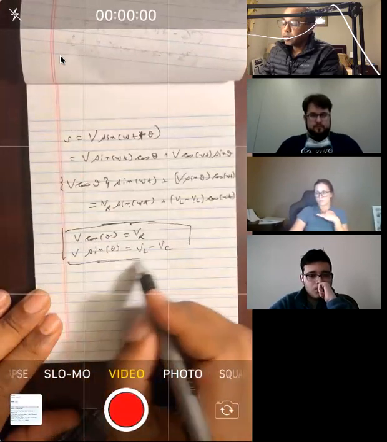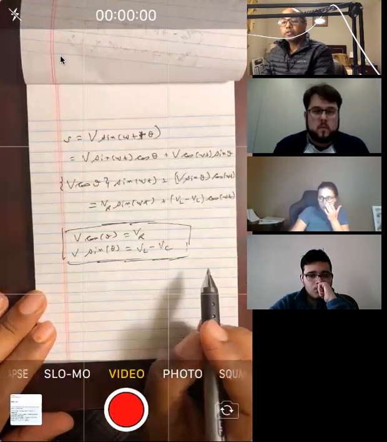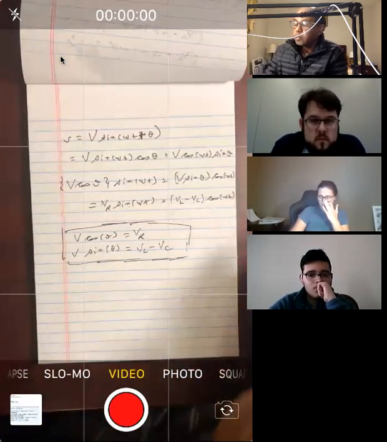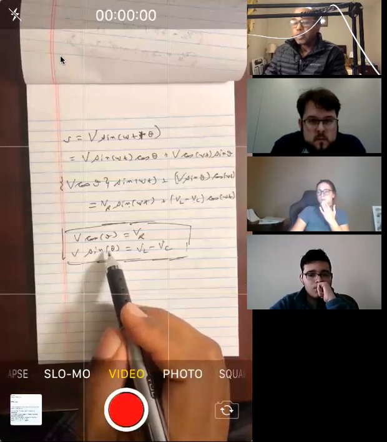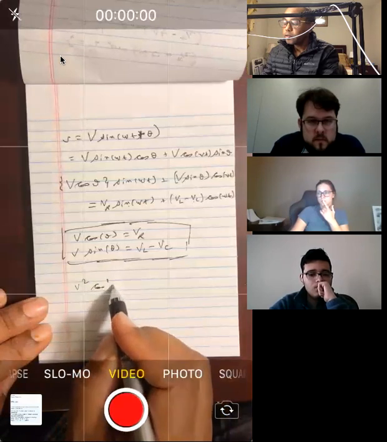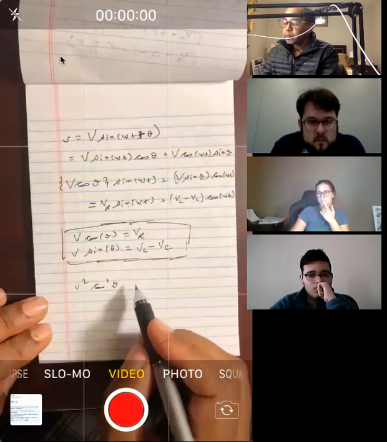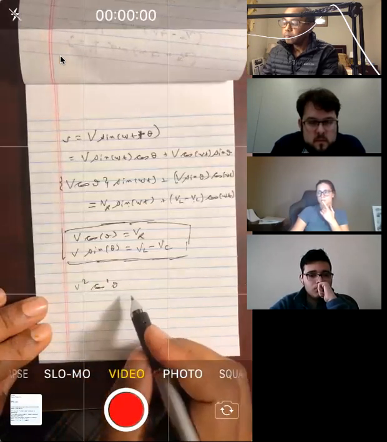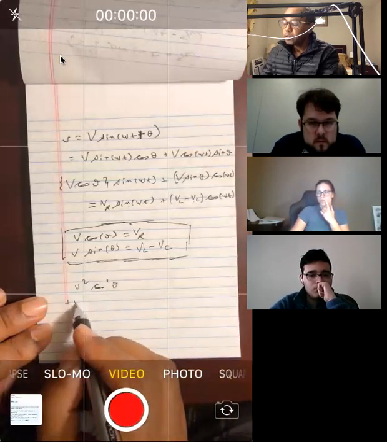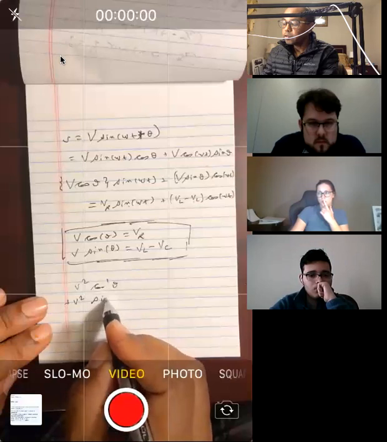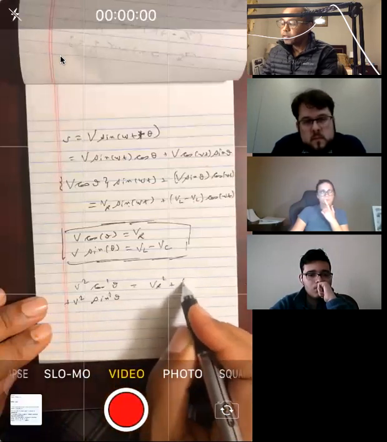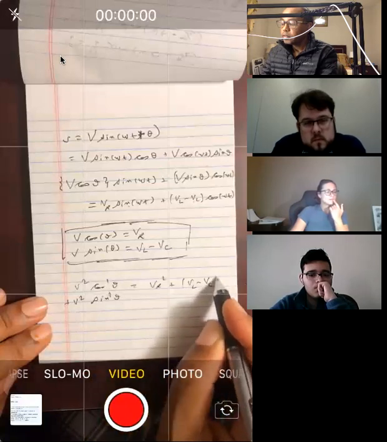Now, I want to find a relationship between the amplitudes. If you remember, we used the formula for the amplitudes in the lab. Now, let me square both sides and add them together. Okay? So you've got V squared cosine squared of theta plus V squared sine squared of theta equals VR squared plus (VL minus VC) squared.